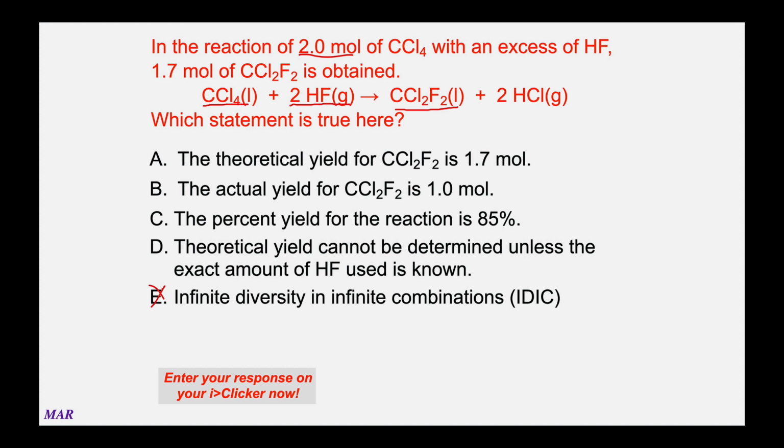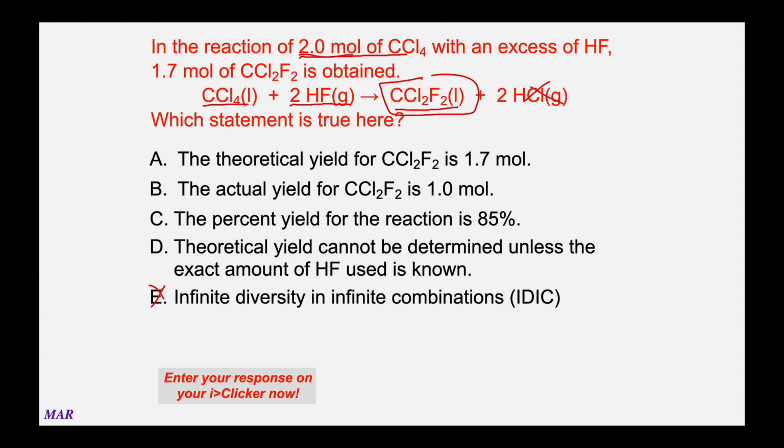All right, so first one, theoretical yield for CCl2F2, 1.7 moles. Now, to figure out what the theoretical yield is, we really should start with reactants. And as we talked about, 2 moles of CCl4 is the important part. You can see that a lot of stuff is focusing around the CCl2F2. And honestly, in this problem, no one really cares about HCl, so just ignore that one, okay?